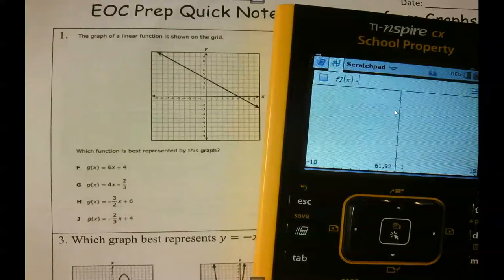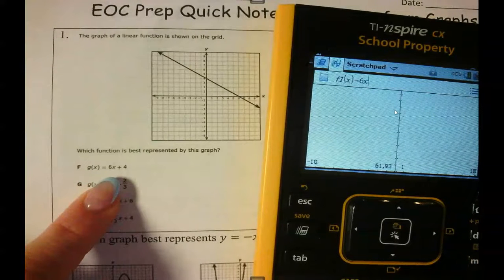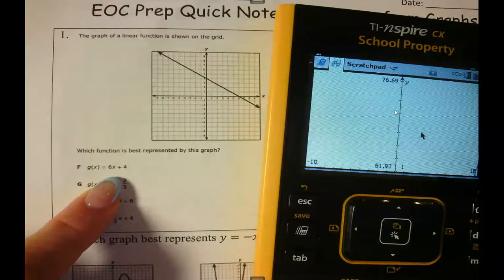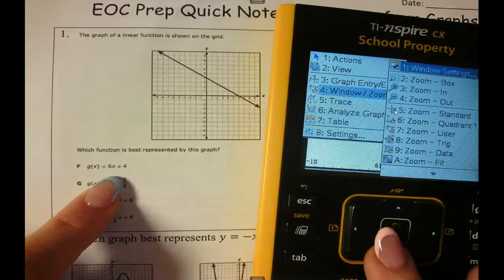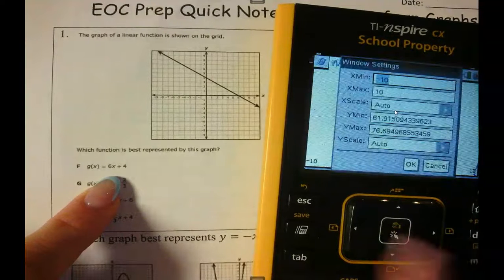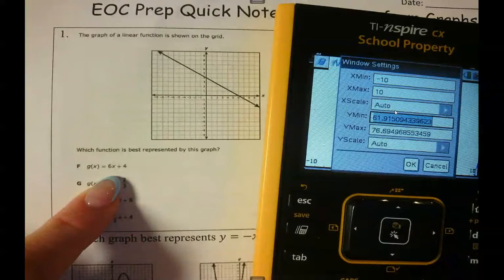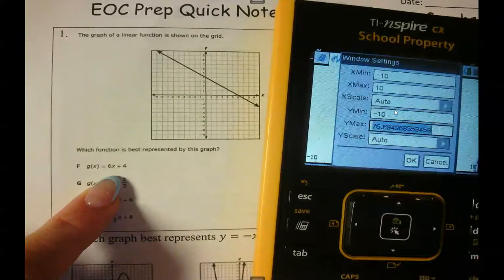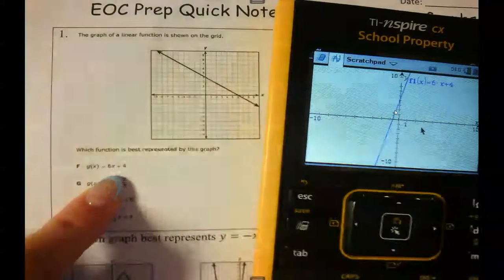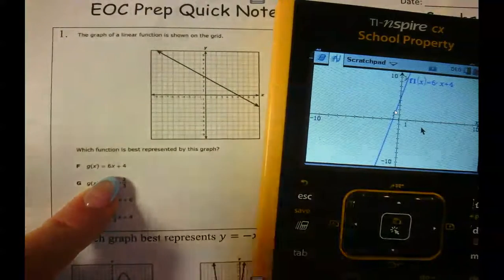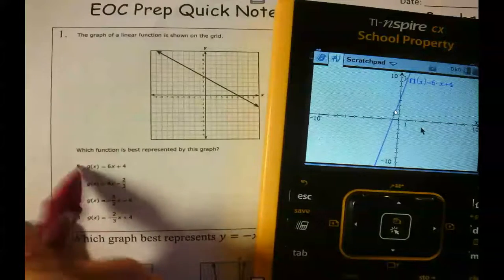Menu 3, 1, and I would type in this first one, 6x plus 4, enter. All right, that does not look like that. So that is not my answer.